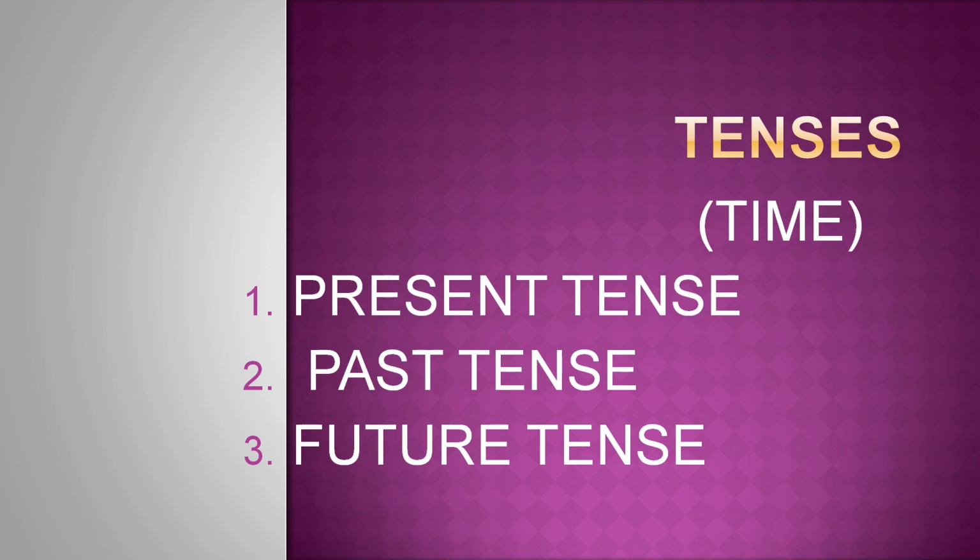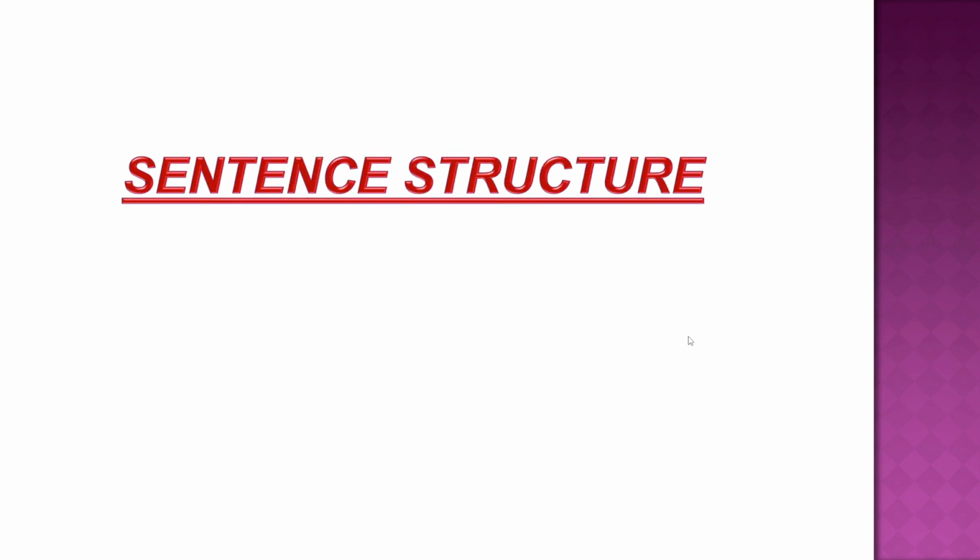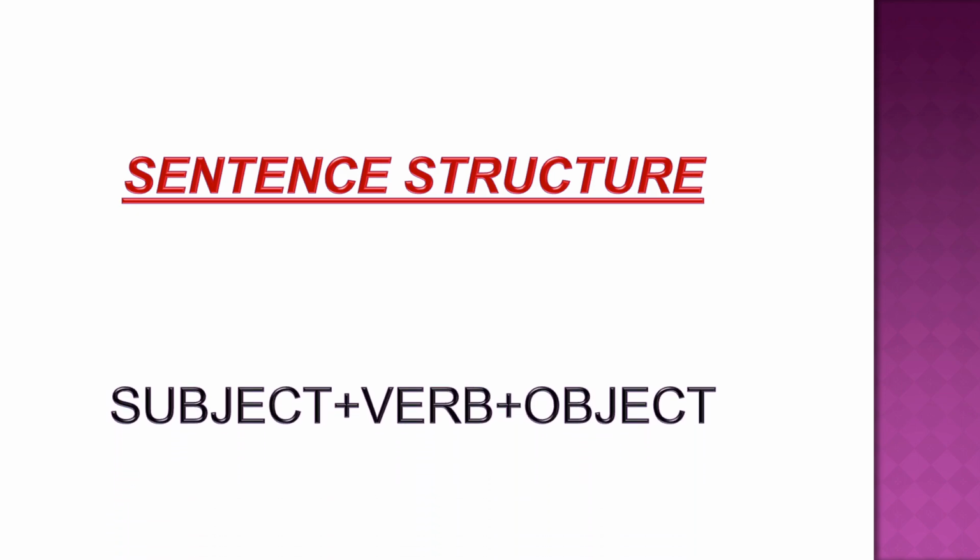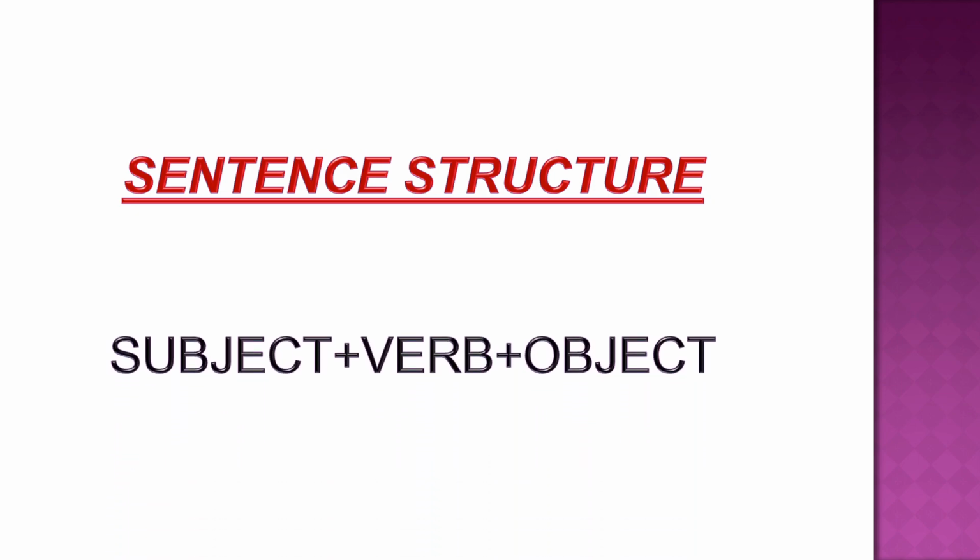So to understand these tenses, at first we have to know what is sentence structure. As we all know, our sentence structure is subject plus verb plus object. So in tense, as I have told you just now, a tense is a form of verb that allows you to express time.